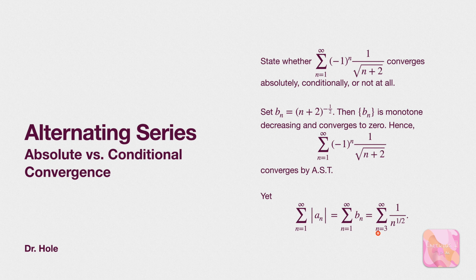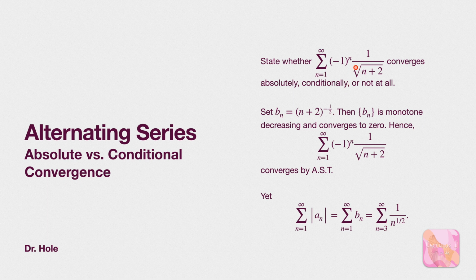If we start our index from 3 instead of 1, then we'll have the second remainder of a p-series where p is equal to 1/2, and this is not a finite value.